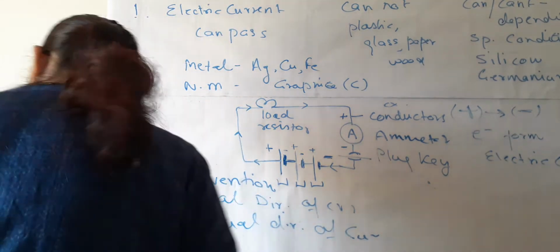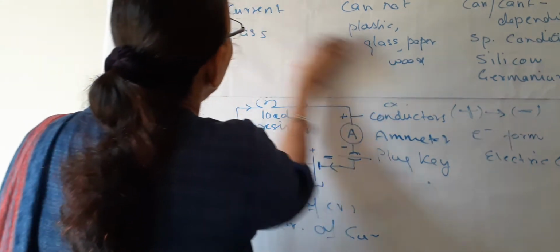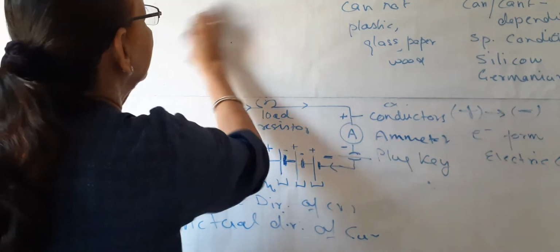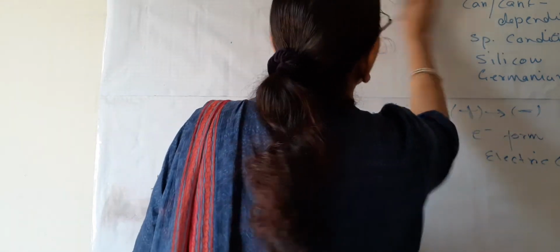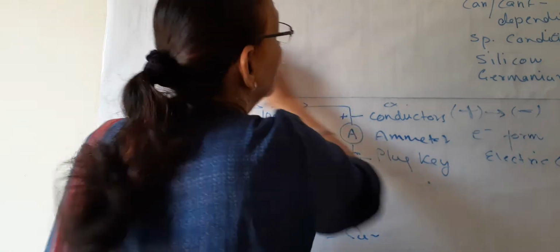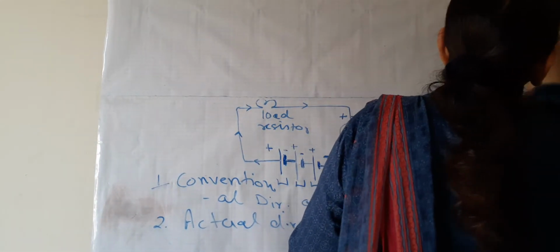So this is about this, and now we come to what is electric current and how electricity flows in conductors. So write down electric current, or only current.